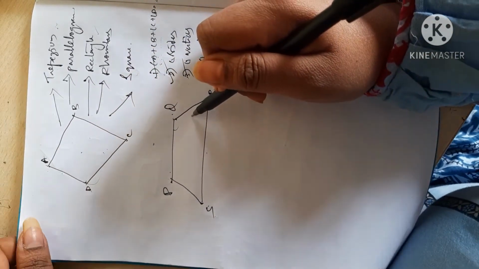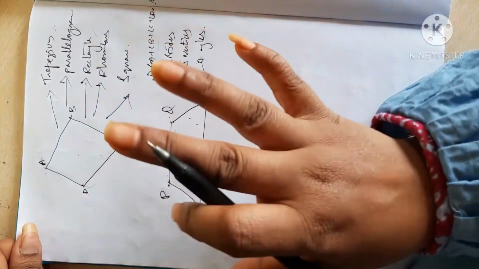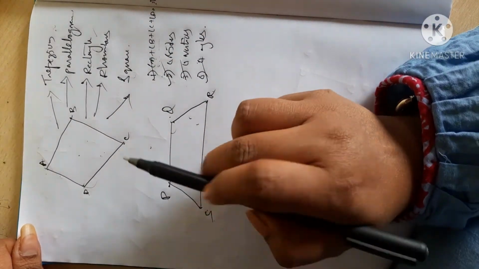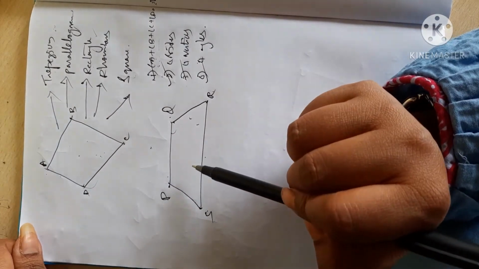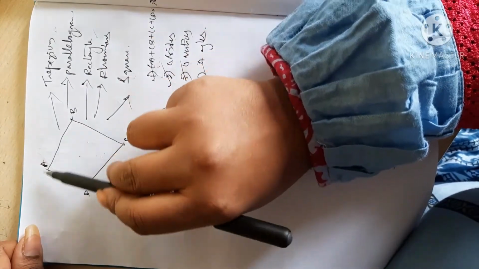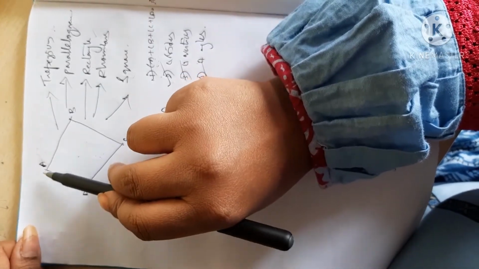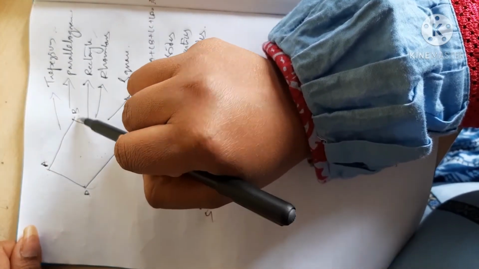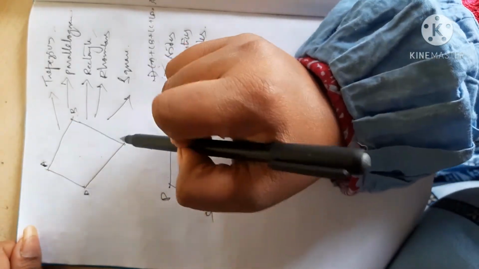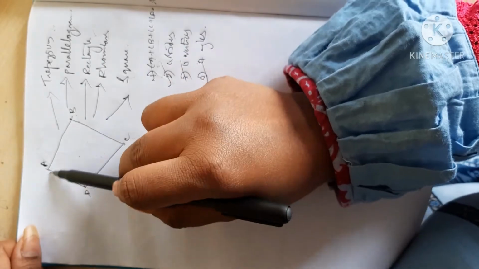The extra point it is going to have: you can observe it is a somewhat different shape. Compared to the first diagram, the second diagram is somewhat different. Why? Because of the opposite sides. AB's opposite side is CD. Now they are not parallel.